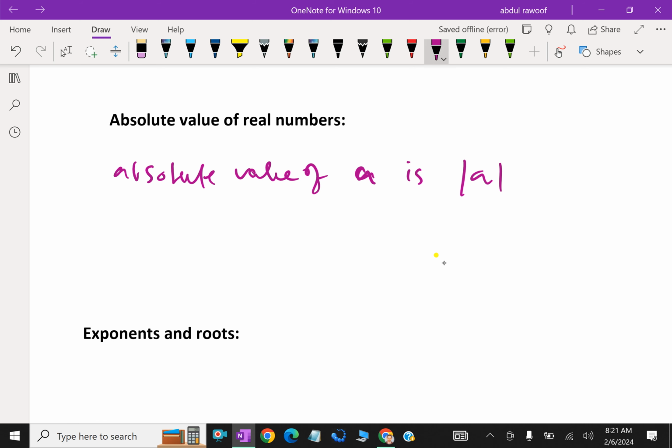For example, the absolute value of minus 5 is 5 and the absolute value of 6 is 6.